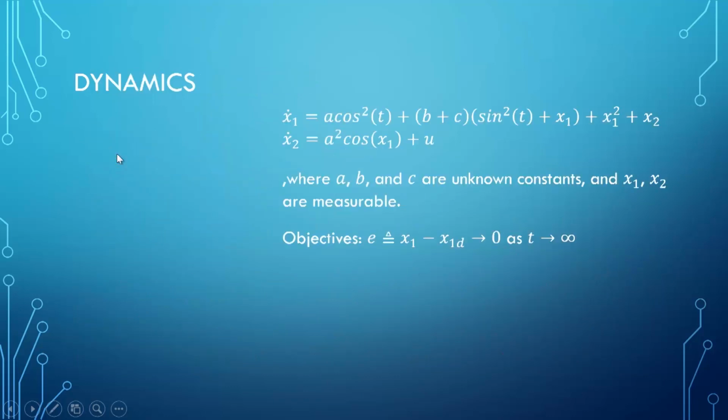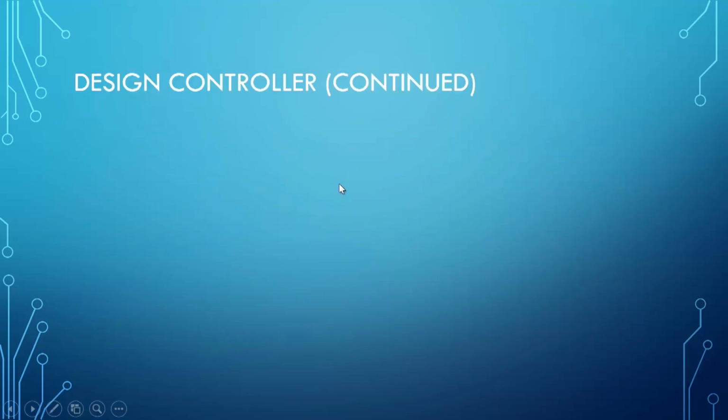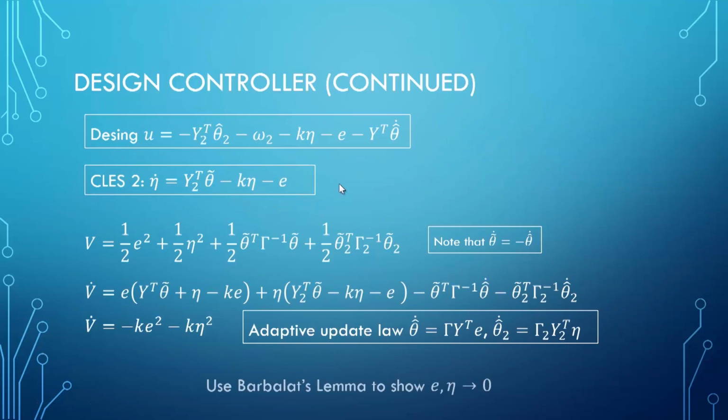By observing, so first, according to the dynamics, you have unknown constants in both systems, right? You have unknown constants in both systems, and that gives you eventually the two different adaptive laws, right?